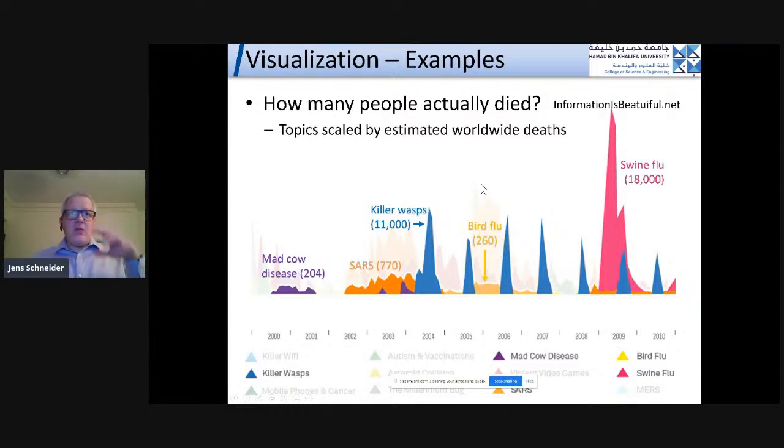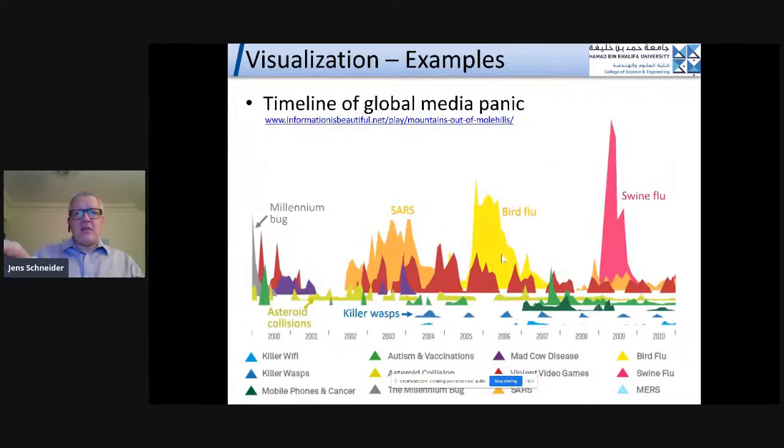Anyway, so how many people actually died? So SARS, killer wasps, bird flu, swine flu, they are actually pretty bad. Killer wasps mainly because they cause an allergic shock, and they're quite dangerous then. And if we try to correlate this with the perceived severity, there's not much media buzz for killer wasps, but it's actually a real problem.